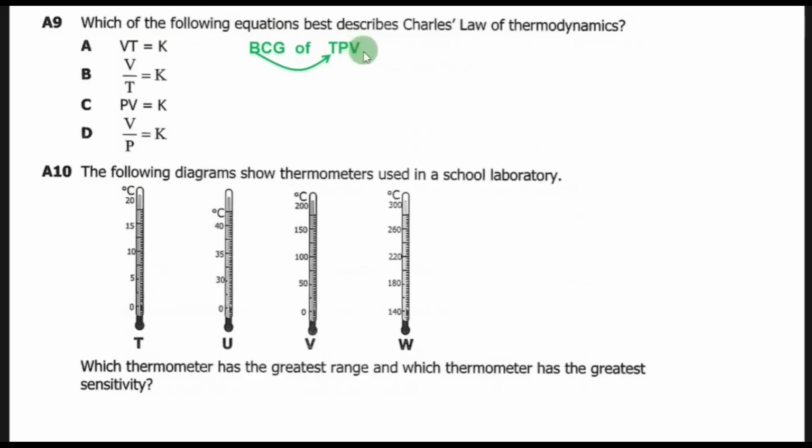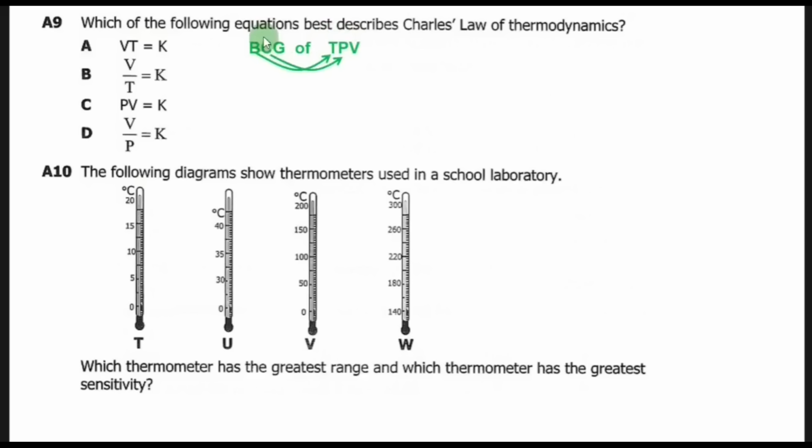You must just understand that pressure is inversely proportional to volume, meaning when you increase pressure, you reduce volume. When you increase volume, you reduce pressure. That's how it works. Then C connects with P. So again, for a fixed mass of a gas at constant pressure, temperature is directly proportional to volume.